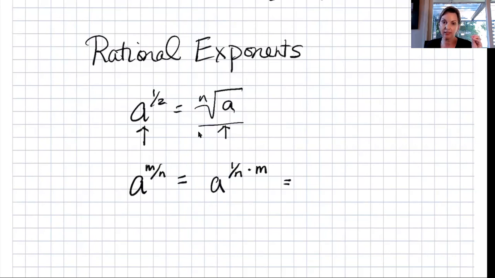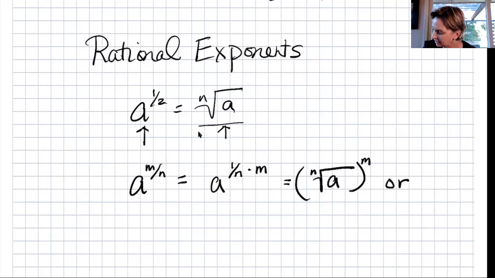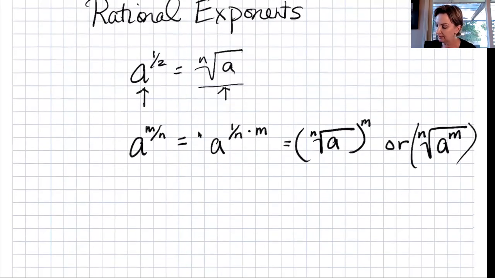It's going to be a radical times m, so it's going to be the nth root of a to the power of m. But you could also write it a little bit differently. You could do a to the m and then take the nth root. You can actually do either one.